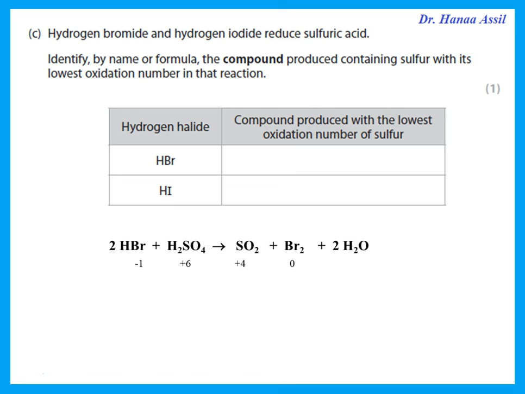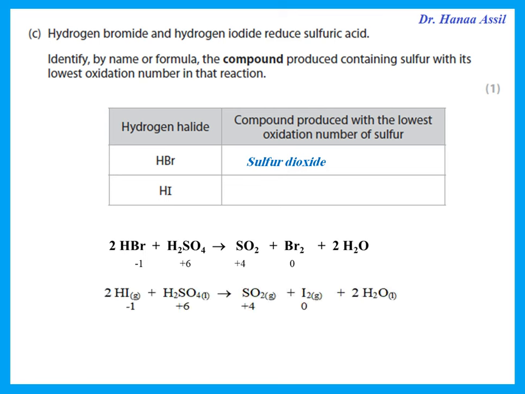Remember we said bromides react with sulfuric acid to give HBr, and then the HBr again reduces the sulfuric acid to give what? It gives sulfur dioxide and bromine and water. But what is he asking about? He's asking for the compound with the lowest oxidation number of sulfur. So I want a compound that has sulfur. So obviously the one formed here is the sulfur dioxide.